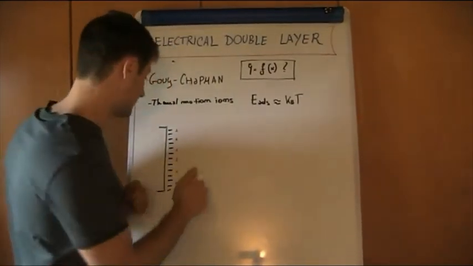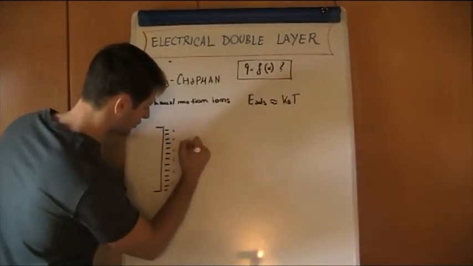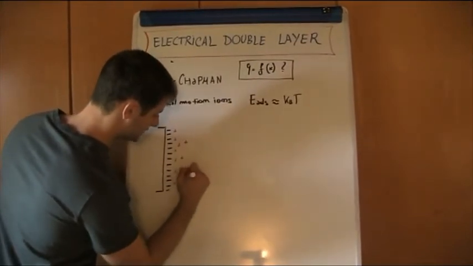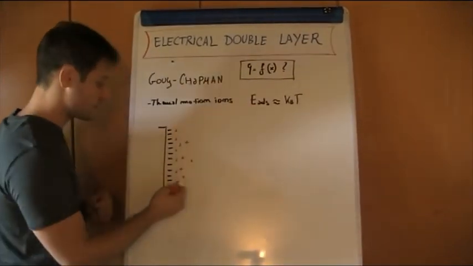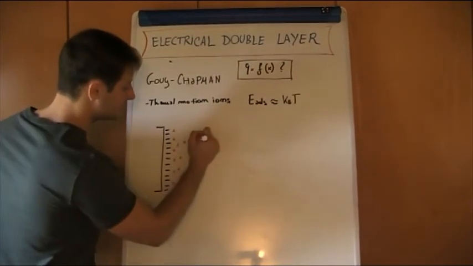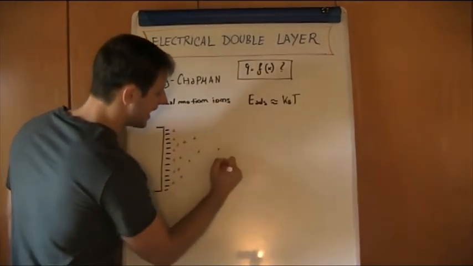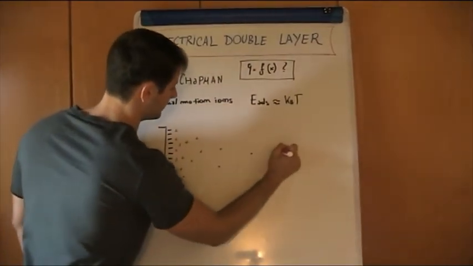What does it mean? That the amount of positive charge, even if it is more present when we are close to the electrode, is localized in an infinite layer.